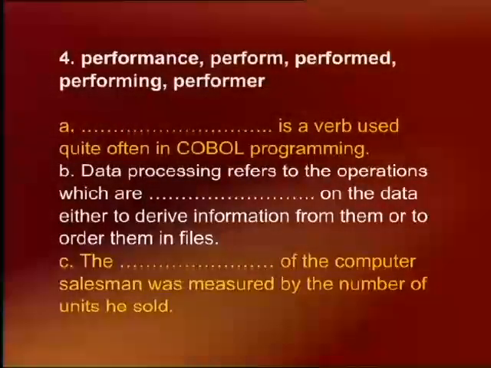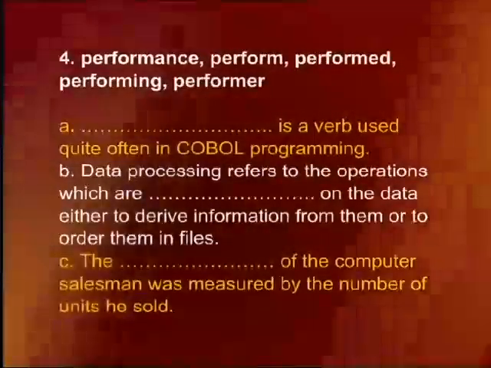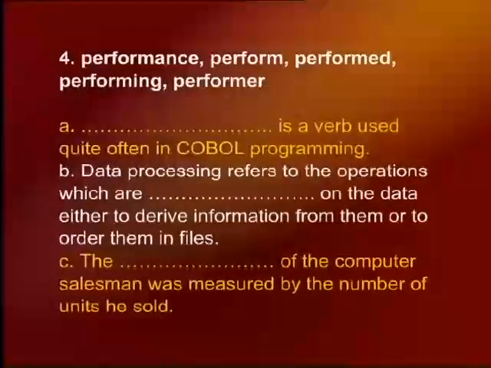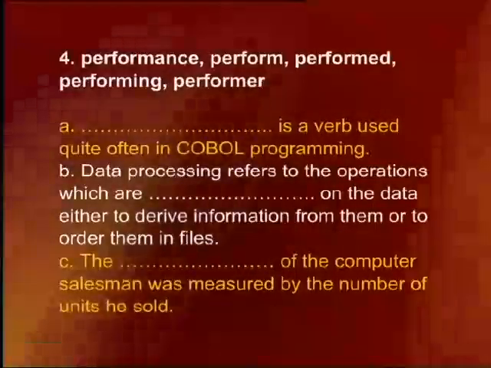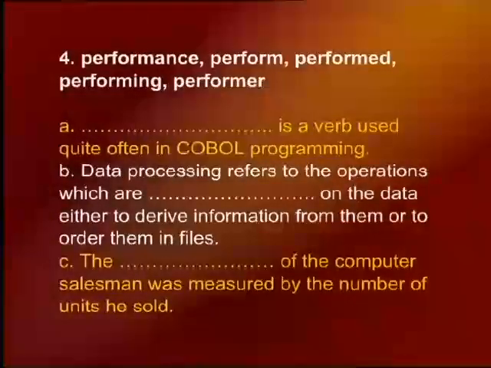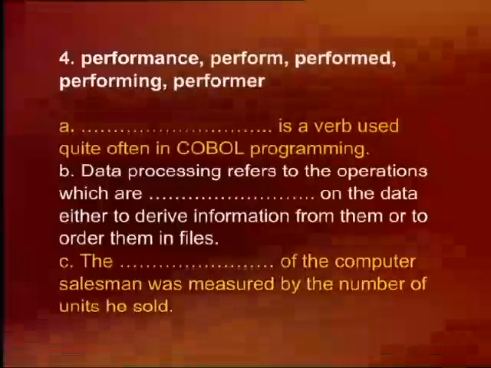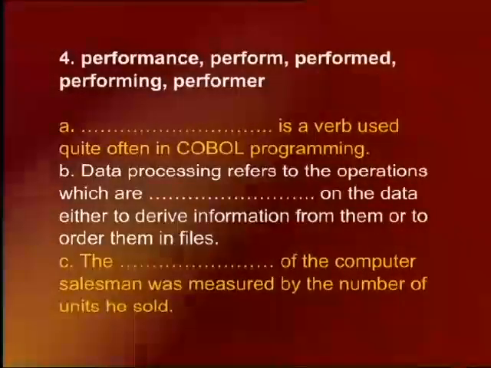Sentence C, the dash of the computer salesman was measured by the number of units he sold. And the word to fill in sentence C is the performance of the computer salesman.